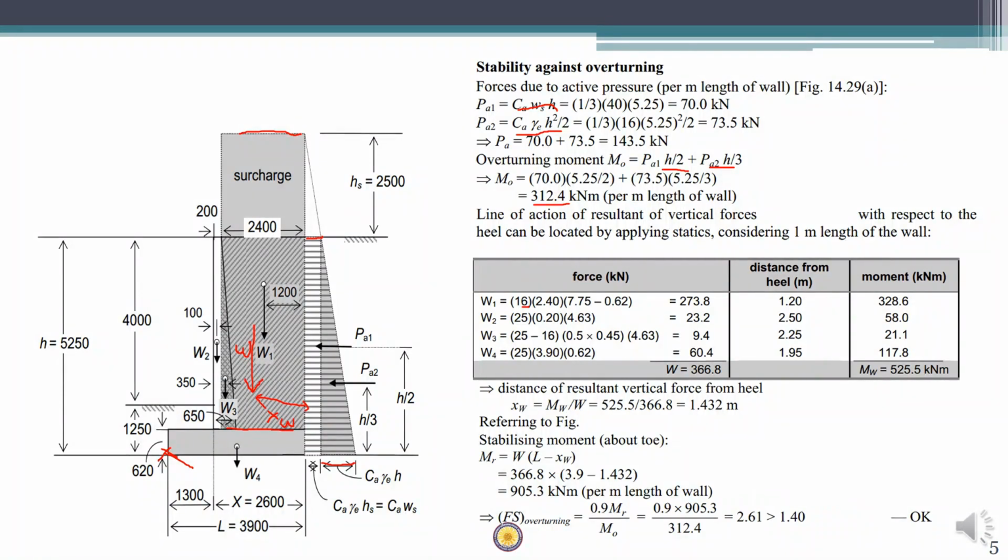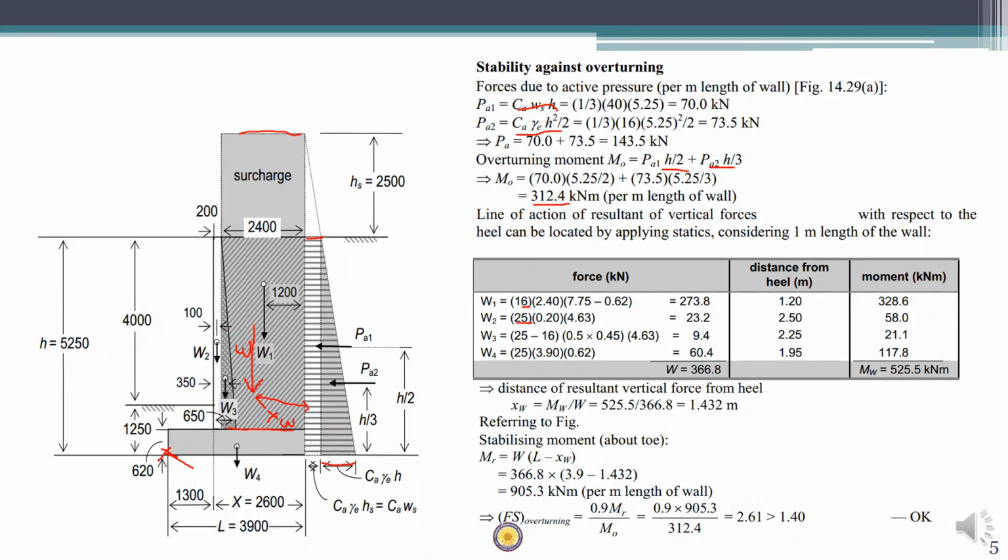So w1 is for the rectangle, w2 is for this small rectangle of the stem which is shaded in white, and it's having a unit weight of 25 kN per meter cube. W3 is actually this triangle which was already included as soil. But in that place it is actually concrete.